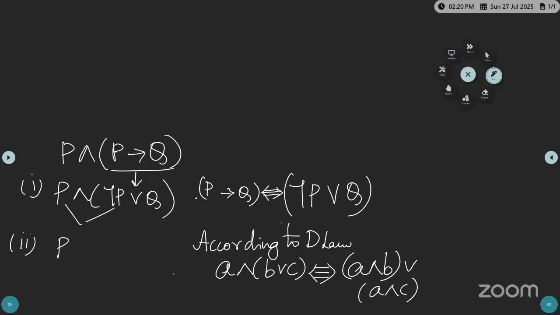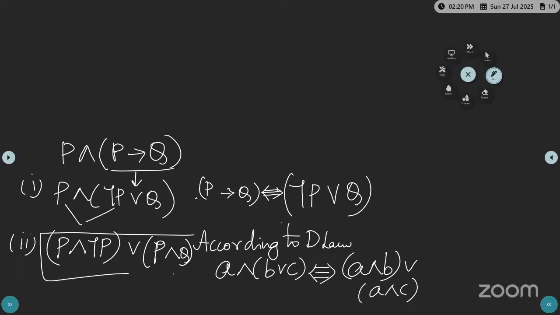It will become P and negation P, or P and Q. This is in DNF.